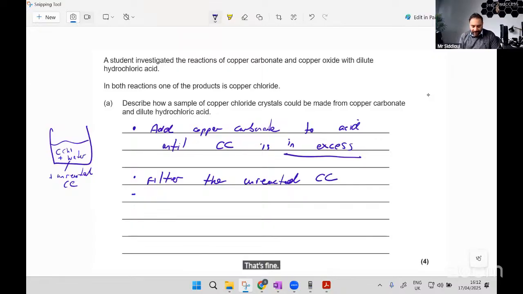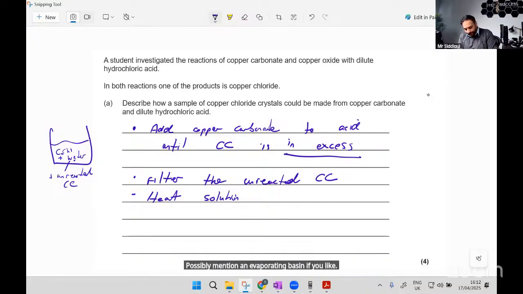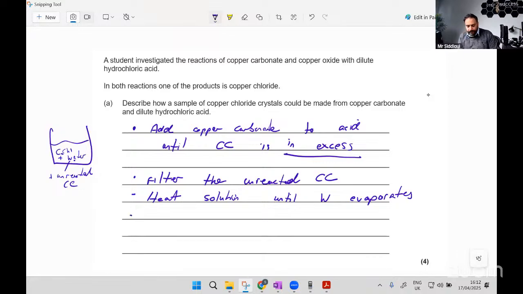Then what we're left with is some copper chloride and water. How do we get rid of the water? You heat the solution, possibly mention an evaporating basin if you like, until the water evaporates. And then leave it to cool. And you should get, magically, some crystals.